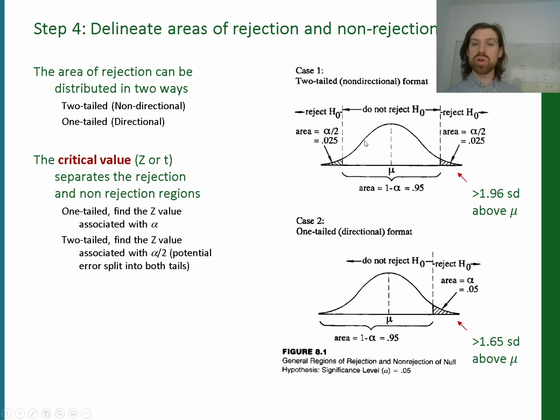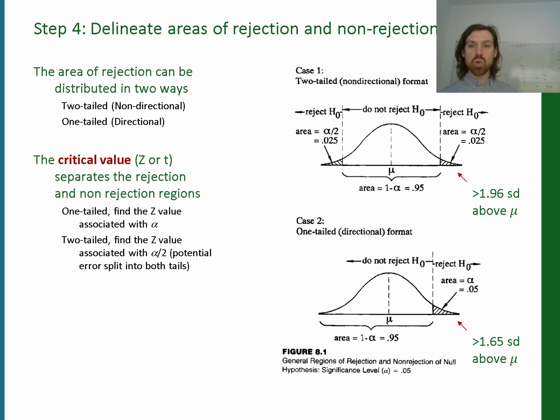So in case 1, we're not saying whether we think that the house prices are higher or lower, and therefore the sample mean that we might get could be either in this tail at the top or here in the bottom part of the tail. You'll remember these lower and upper bounds that we've also specified in previous lectures, for example when we were sampling and wanted to provide a confidence estimate.